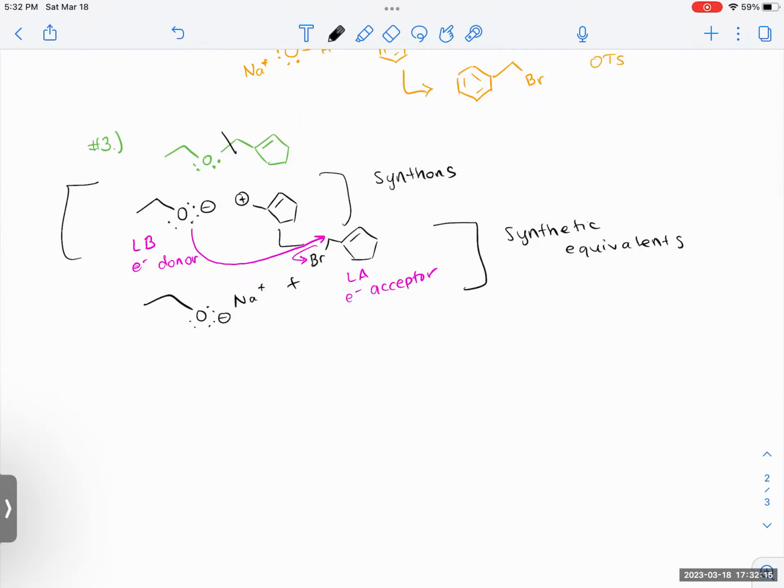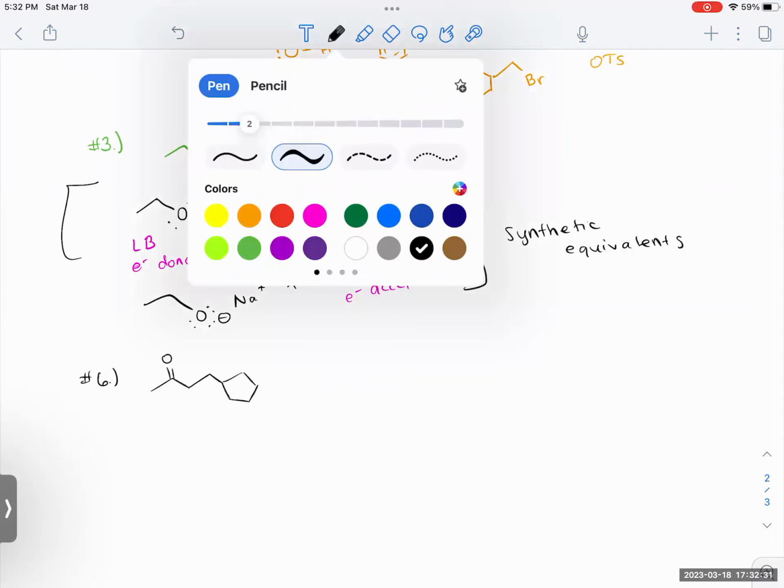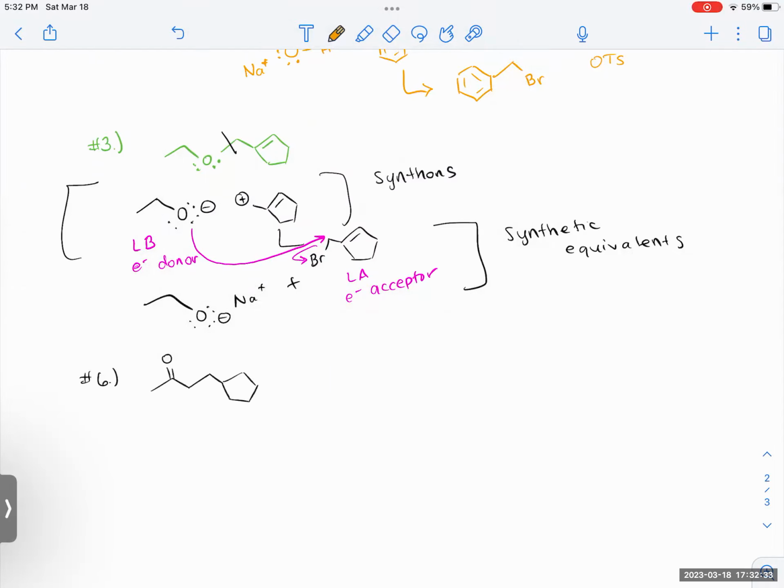So if we do another one, we're given this, and let's do orange. We're going to break it here. So let's make our synthons first.